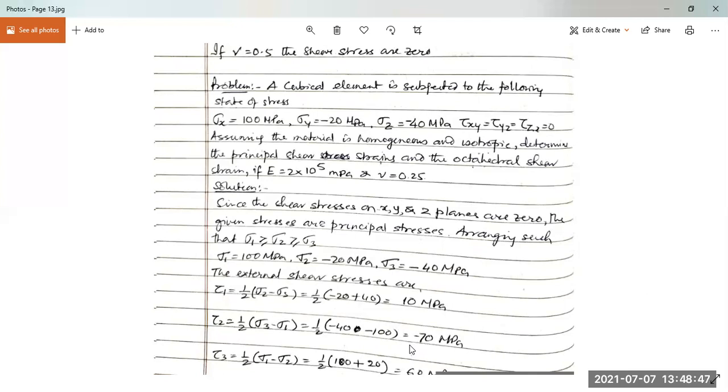Determine the principal shear strain and the octahedral shear strain if E is equal to 2 into 10 to the power 5 MPa and gamma is equal to 0.25.